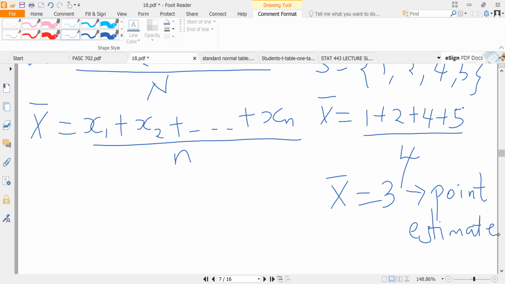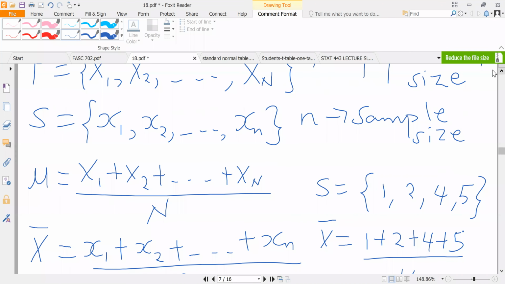Now, that brings us to the point where we need to clearly distinguish. An estimator is a function of your characteristic. For instance, here we have a population from which we are drawing a sample, and our estimator X bar is defined as a function of the observations that you got from your population.